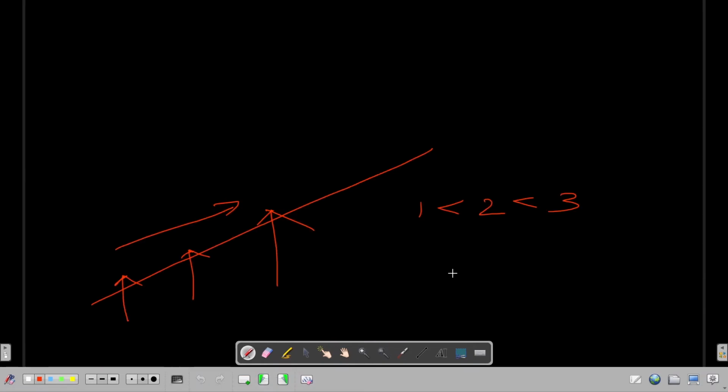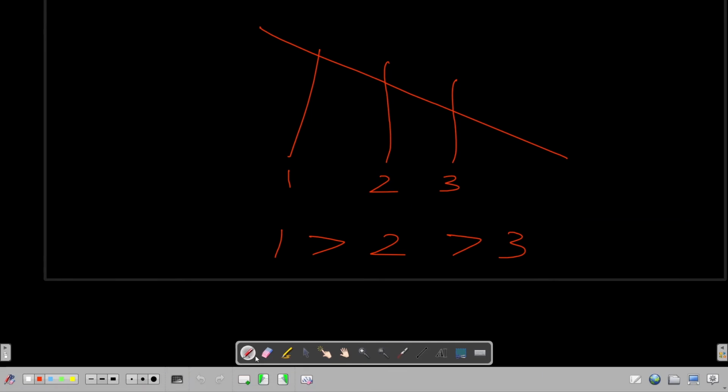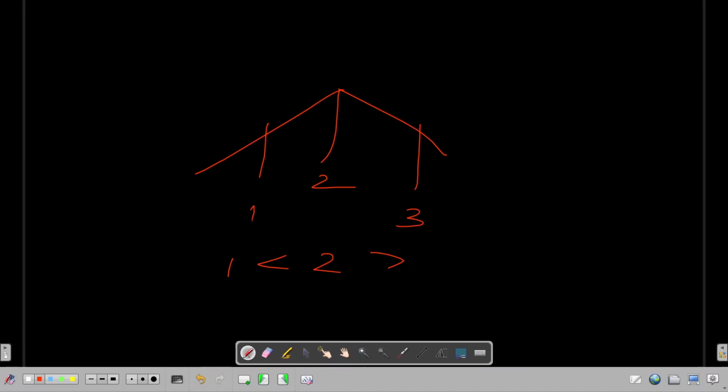In the previous slide, it was 1 is less than 2 is less than 3. Now this is the second scenario. There is also another scenario, which is this one. This is my pointer number 1, this is my pointer number 2, this is my pointer number 3. What would happen in this case? 1 is less than 2 is greater than 3. Okay, this is the condition.